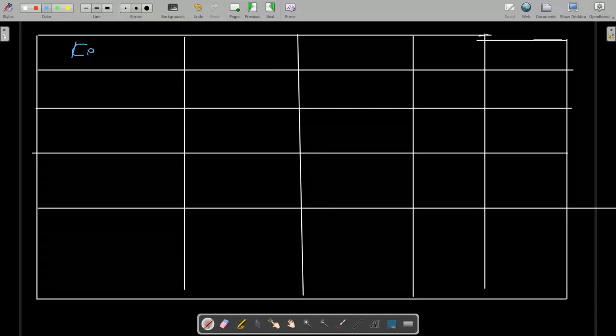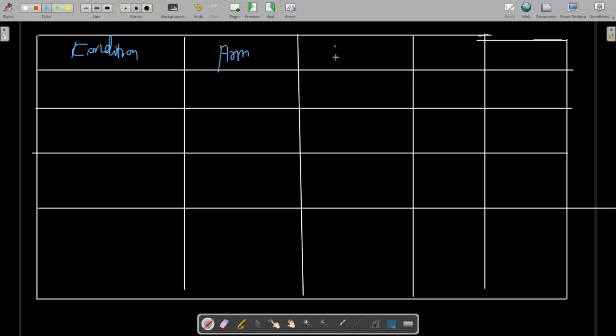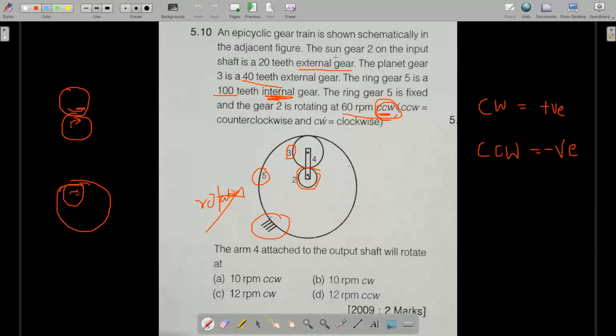The first thing is the arm, always write the arm first. Then for the gears, my approach is always to go from the center outward.